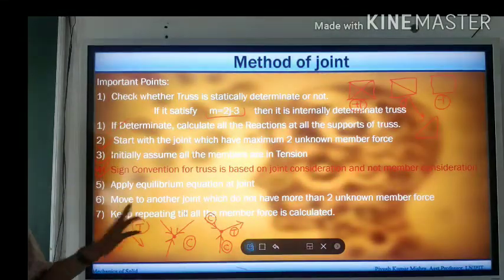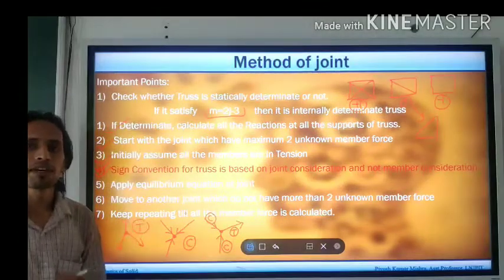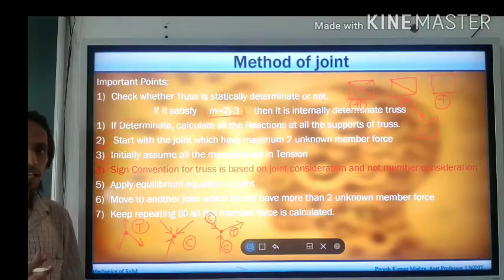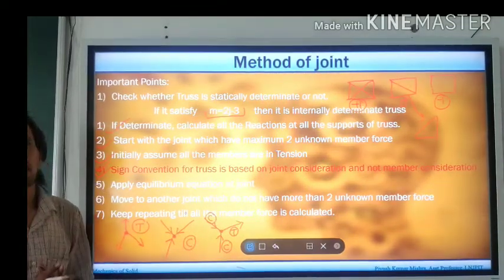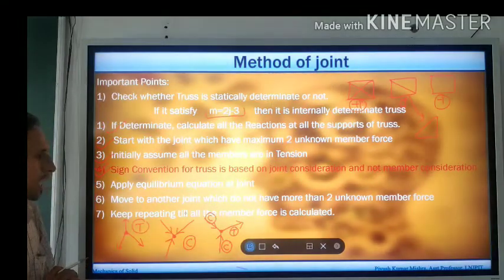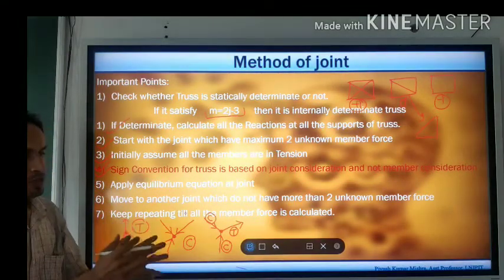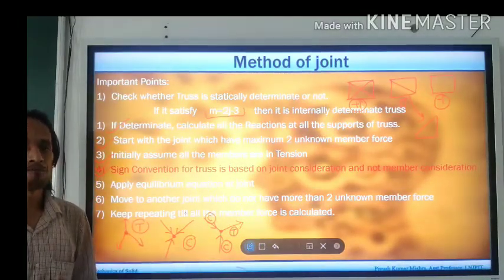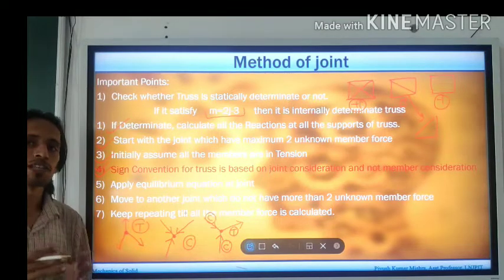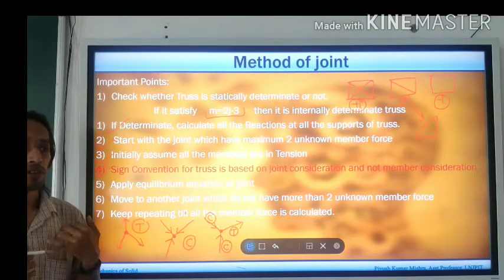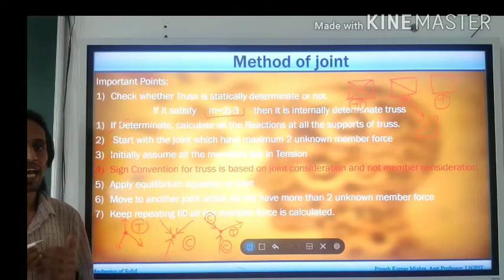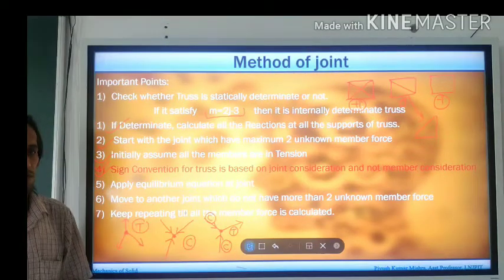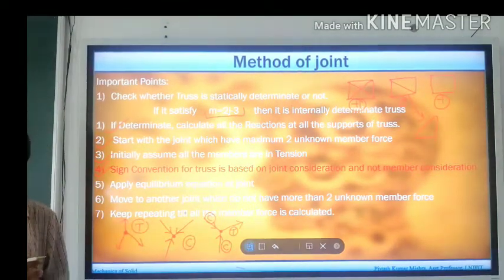Now, you assume some random direction, that all members are in tension at this joint. Then you should start applying the method of joints. You will solve the equation and calculate the force, and then switch to another joint. Again, when you are about to switch, you should decide at which joint to start.